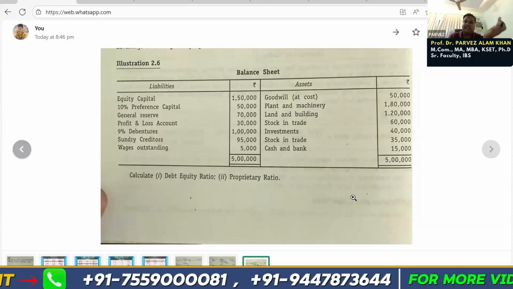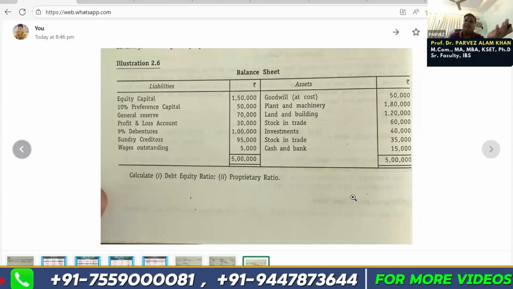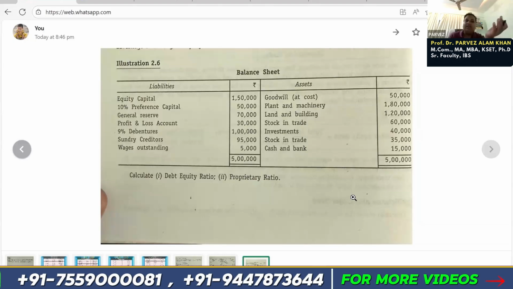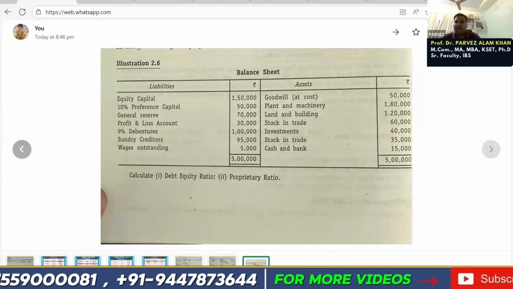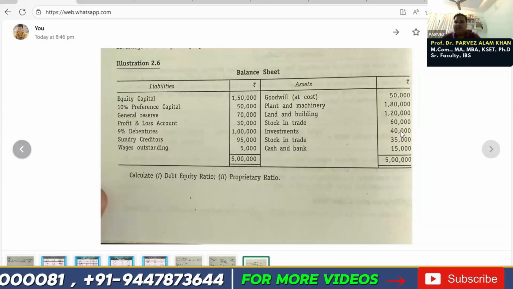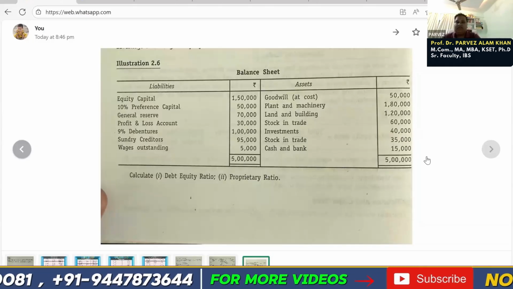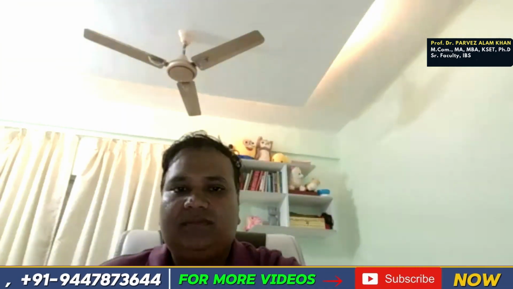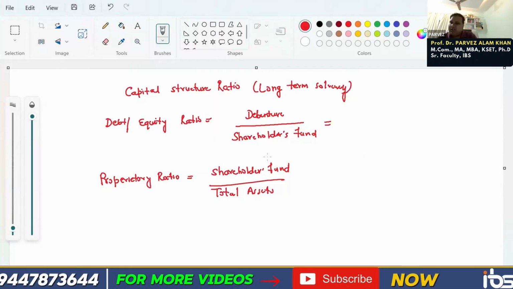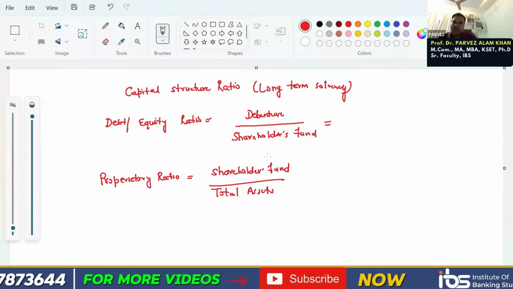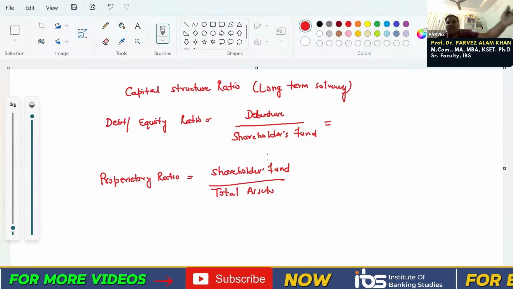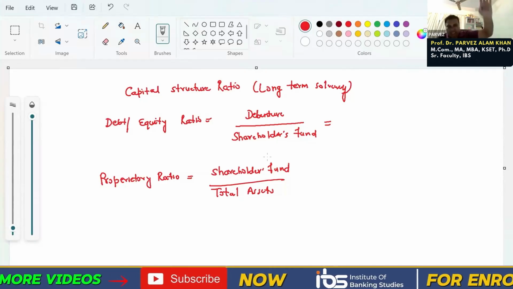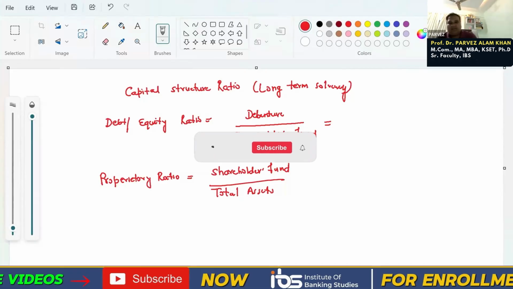So except creditors and outstanding, because that is current liability, you will take all other things. Current liability you will not take, because that is not long term, that is short term. So apart from that, whatever is for shareholders, for owners, you take everything. Clear?